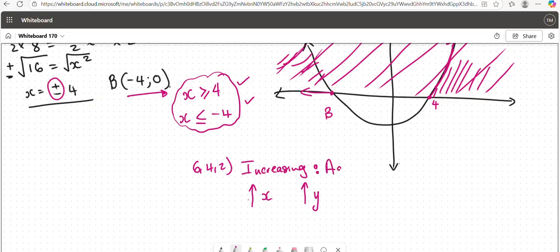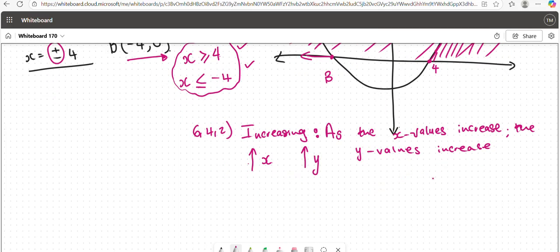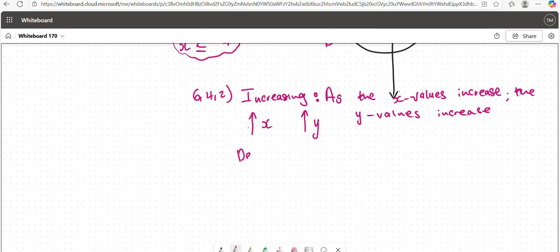Let me write it here in English. As the x values increase, the y values increase as well. And the inverse of that, decreasing, therefore means as my x values go up, as my values of x increase, my y values are decreasing.